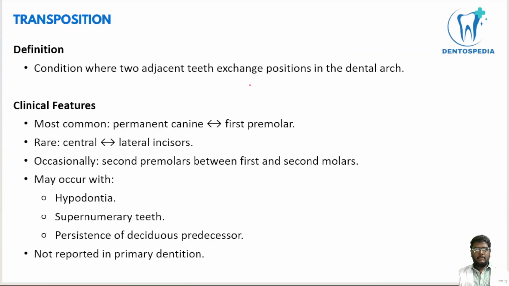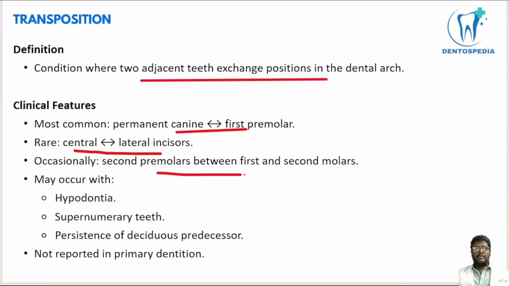Coming to the transposition, it is nothing but an exchange of positions of teeth in the dental arch. Commonly, the permanent canine and first premolar exchange their positions. Okay, and rarely it occurs between central and lateral incisors, occasionally between second premolars and first and second molars.